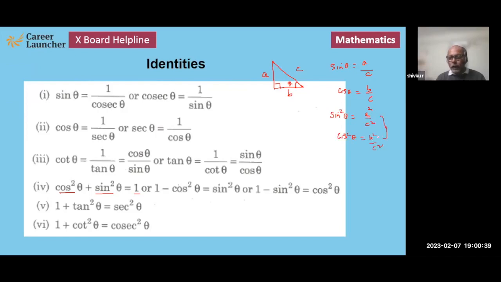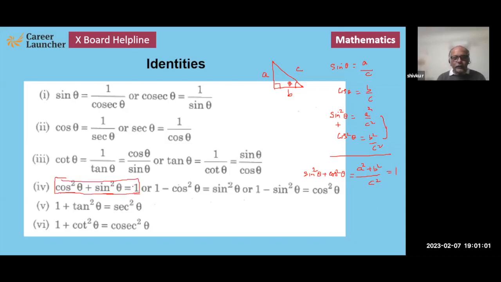When you add these, sin squared theta plus cos squared theta is equal to A squared plus B squared by C squared. By the Pythagoras theorem, A squared plus B squared must be equal to C squared, so this value is equal to 1. That's how you get the fundamental relationship.